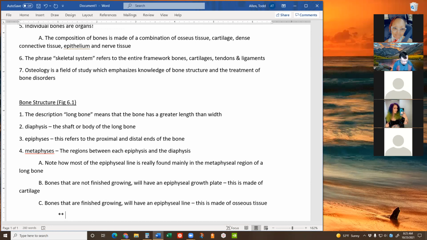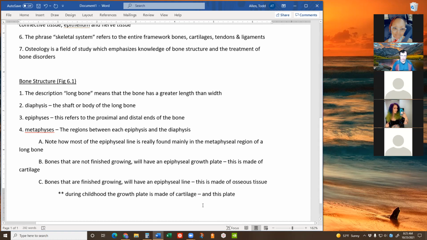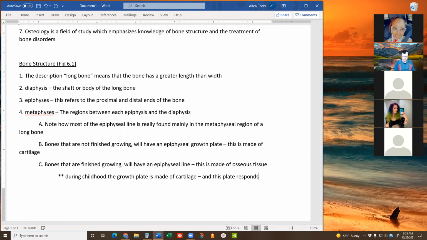Okay. During childhood, the growth plate is made of cartilage. And this plate responds to growth hormone released from the pituitary gland in the brain.